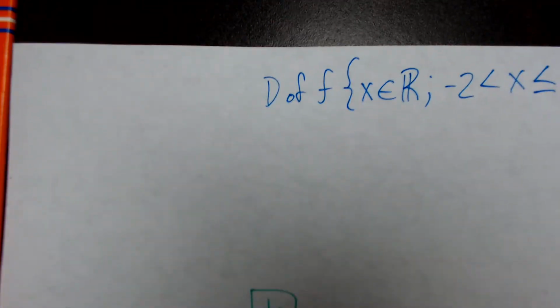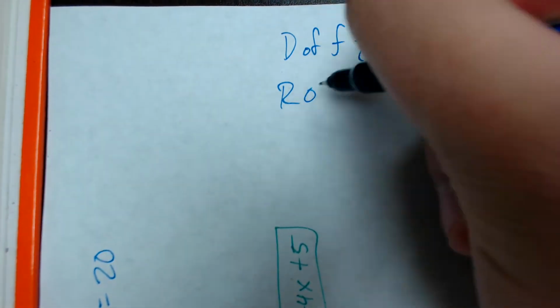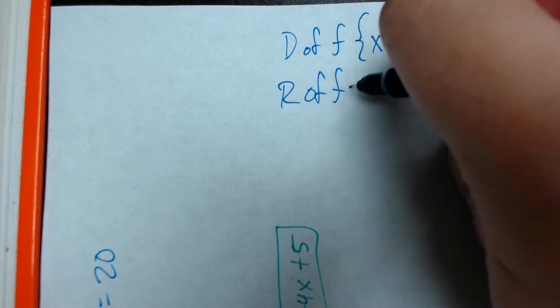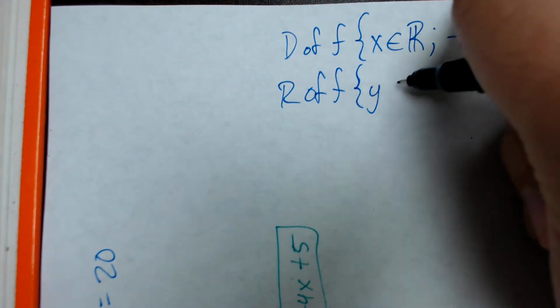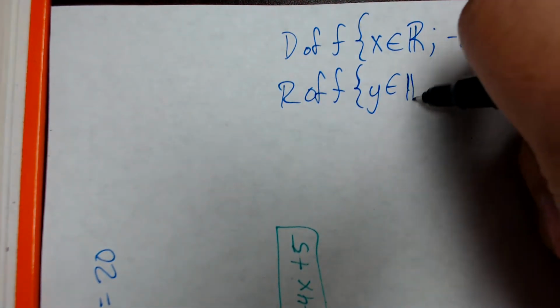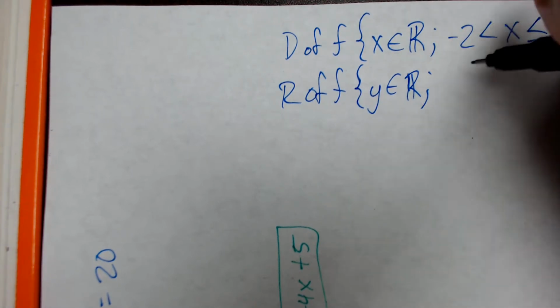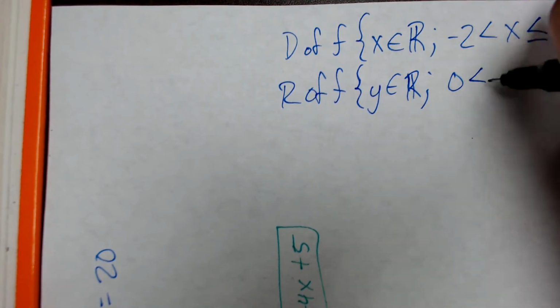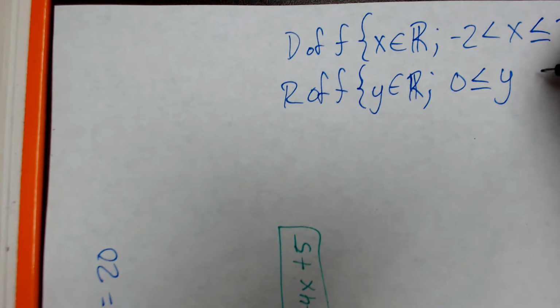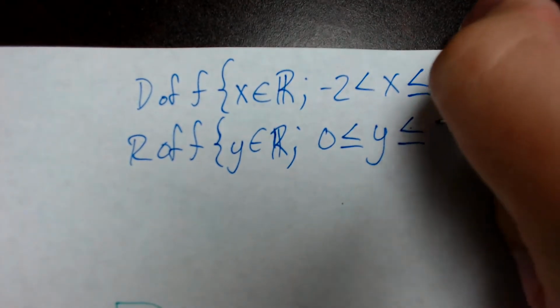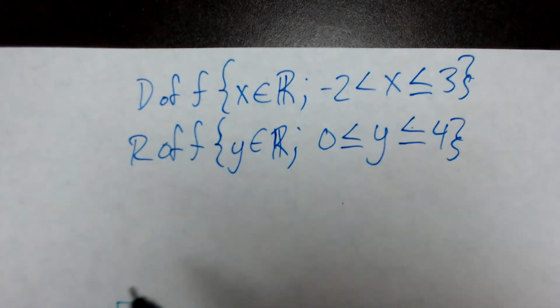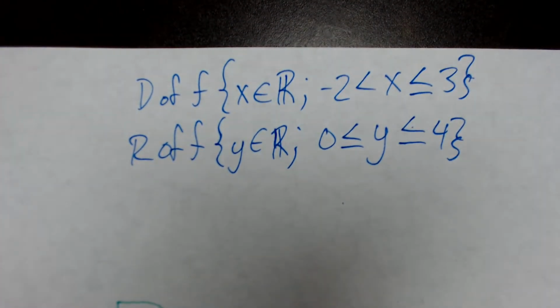So for the range of f, y is going to be in the set of all real numbers as long as 0 is less than or equal to y, and y is less than or equal to, what was it? 4. End of set. All right, so that's going to be the answer to that problem.